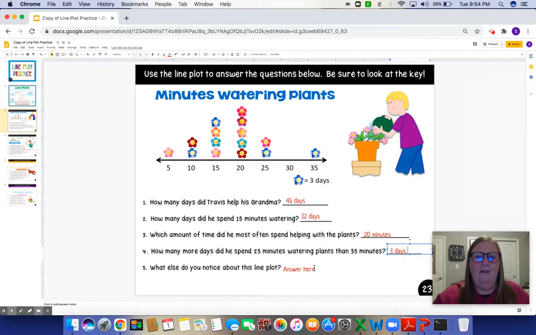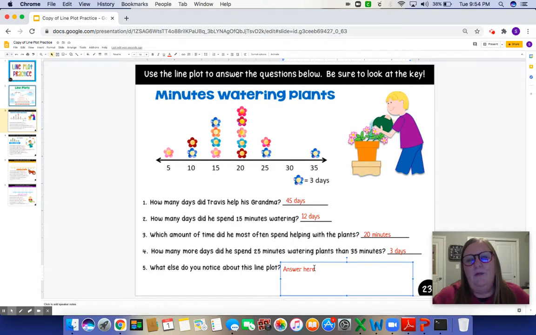All right, and then the last thing says, what else do you notice about this line plot? Anything?